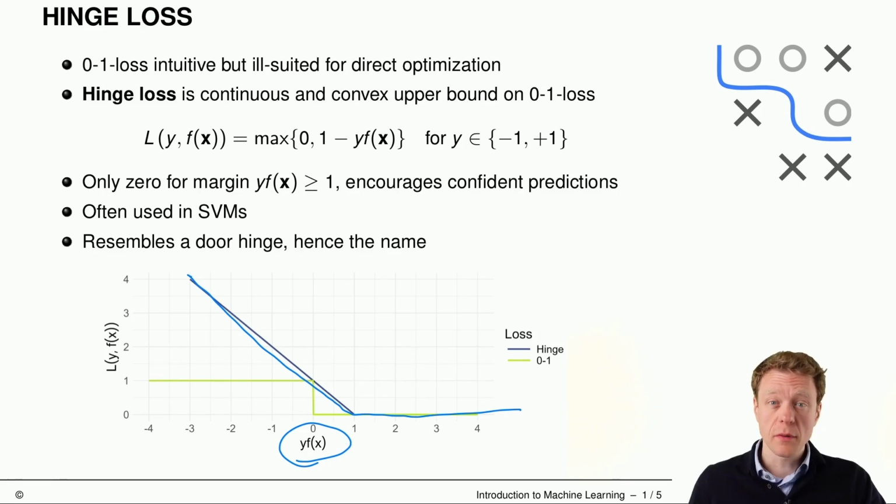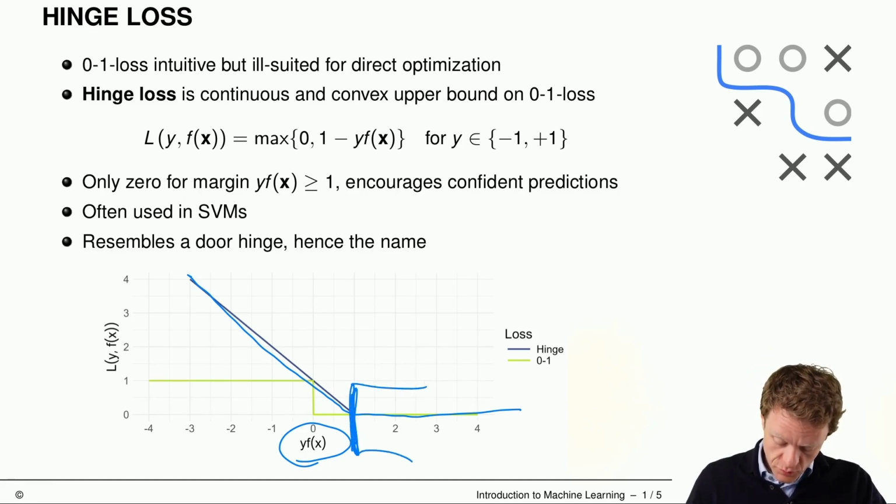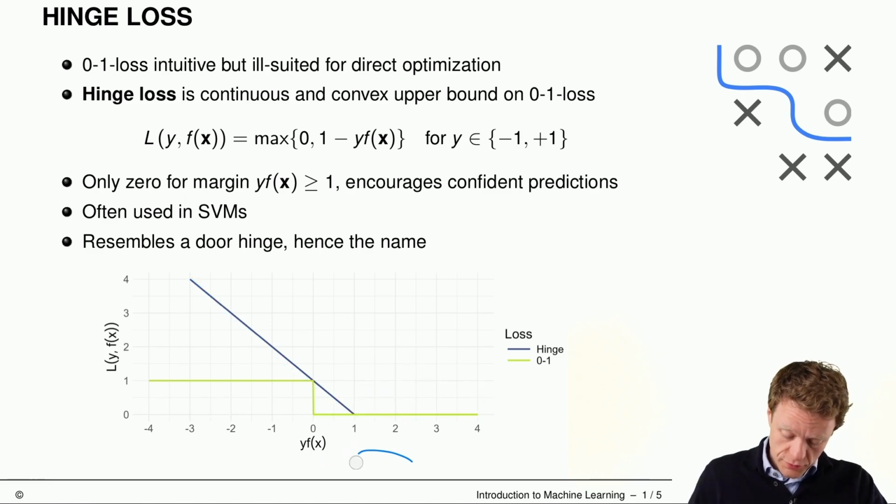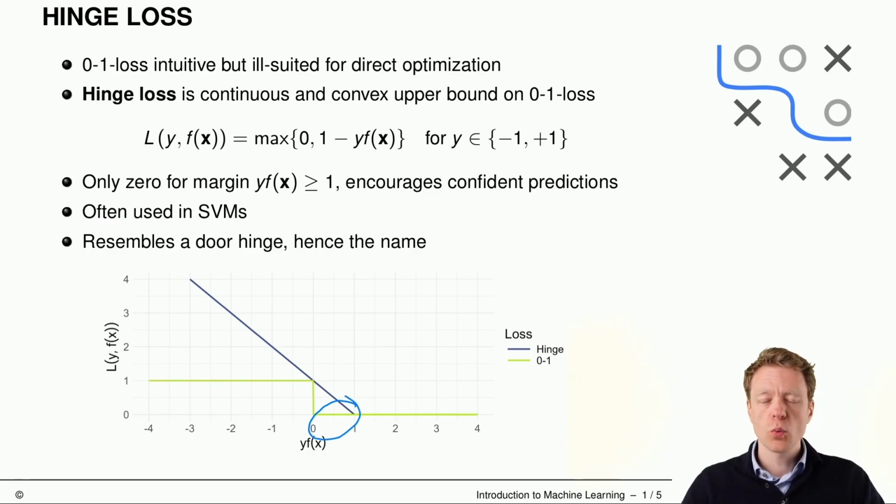It's only 0 if the margin is larger than 1, which also means that in the area between 0 and 1, we are correctly classifying, so the sign of the score and the label are equal, but we're not very confident, right? Because the score is rather small.